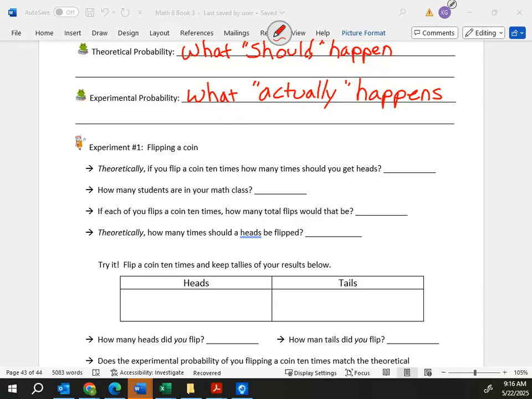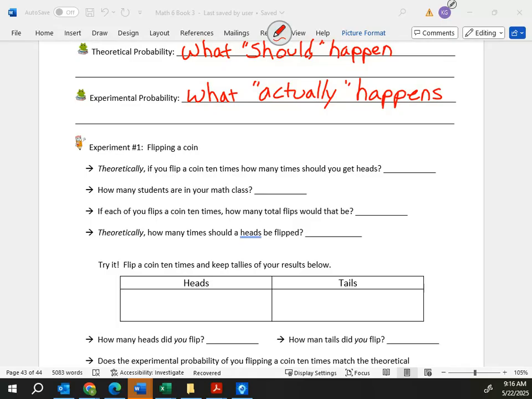Sometimes we get, ooh, heads, heads, heads, heads, heads. Theoretically, it should be 50-50. You should have 50% of the time you get heads, 50% of the time you get tails, right? Because there are two outcomes that could happen. It should be split evenly 50-50. But experimentally, we know it's not always the case.